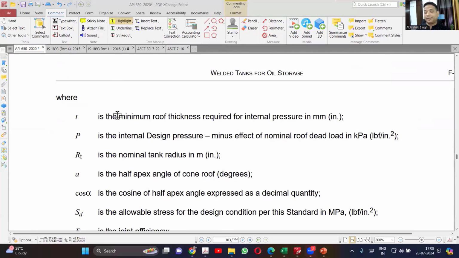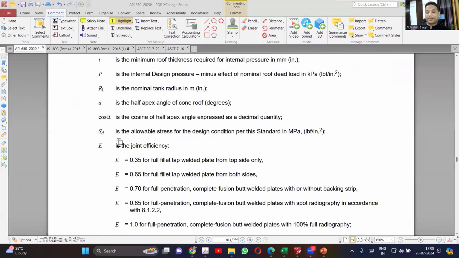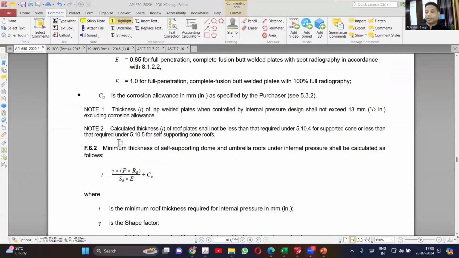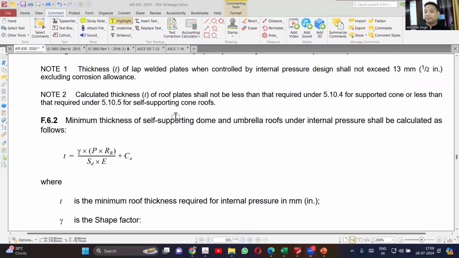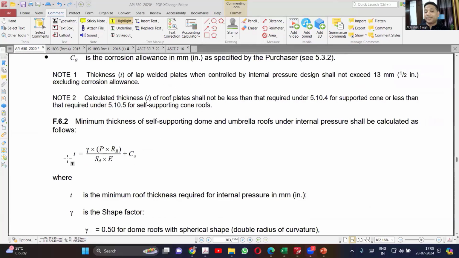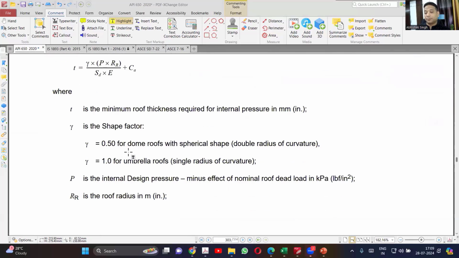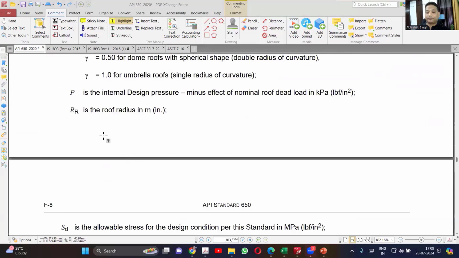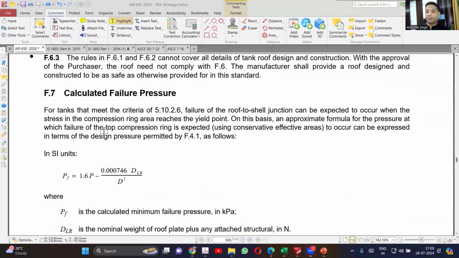So just learning the process is what you need right now. Now, if you have a dome or umbrella roof, then also you have a thickness calculation formula. So 0.5 for the dome roof, 1 for the umbrella roof. So use that and calculate the thickness. Okay. Till that is what will be required.